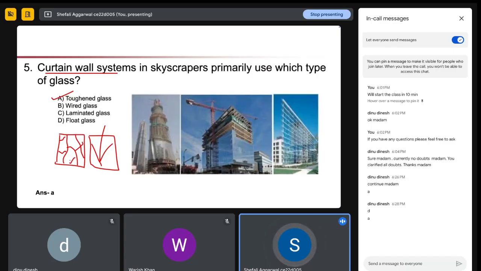So why are we using Teflon glass for skyscrapers? Firstly, it is a very high-rise building. So in case of earthquake and all, there are chances that the glass will break. So we are using Teflon glass so that under any type of additional loading, the glass will just crack and not fall down suddenly. So that's why we are using Teflon glass.